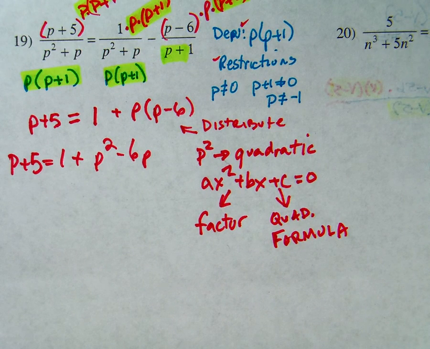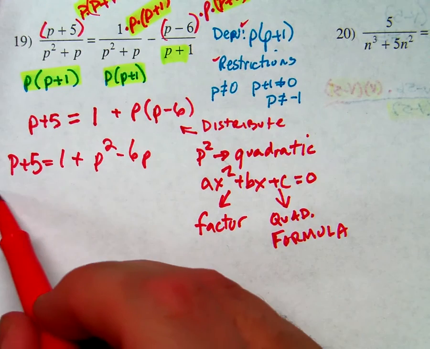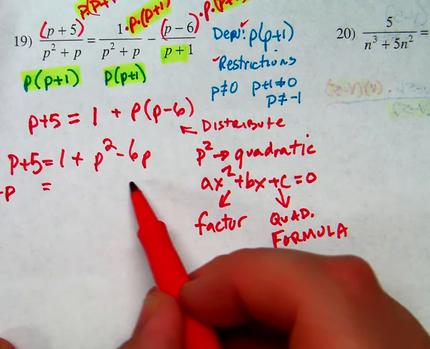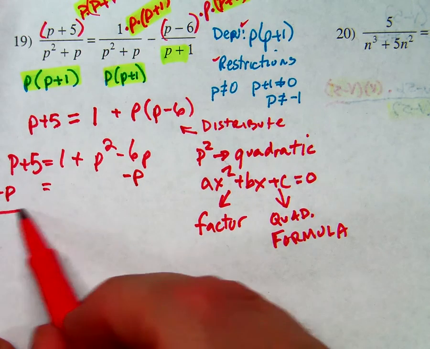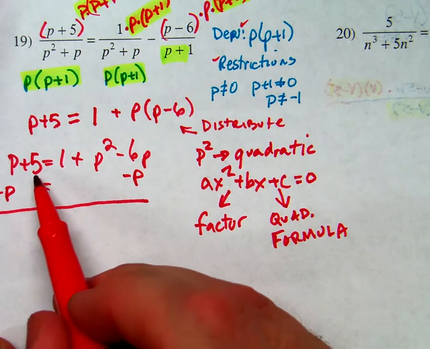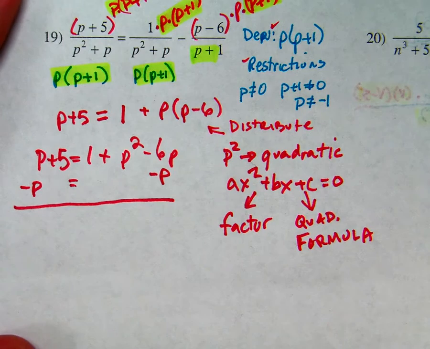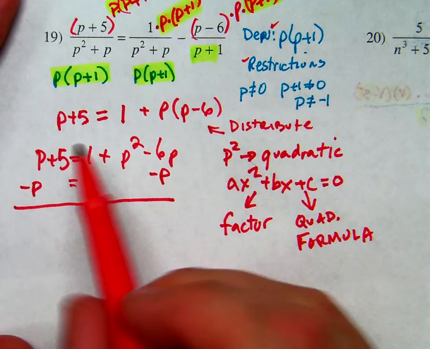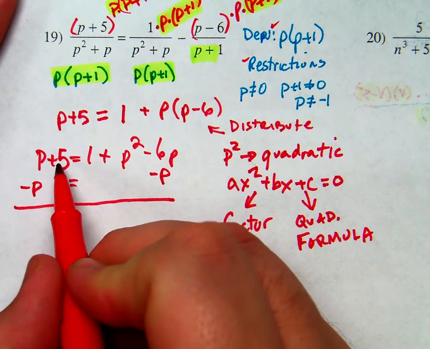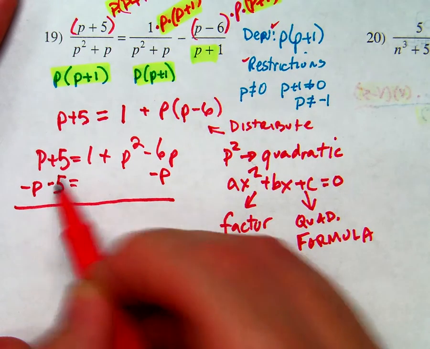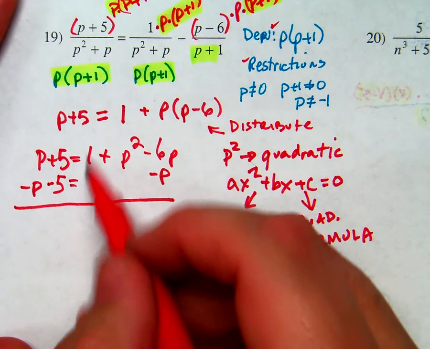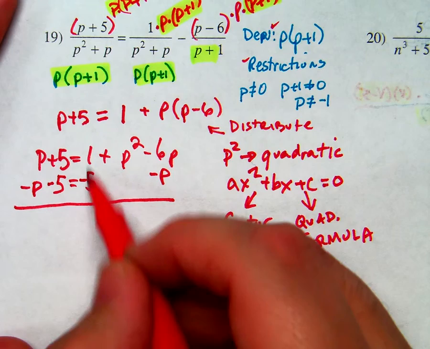I'm going to subtract a p from here and from here. Since it's quadratic, I want everything on one side and 0 on the other. So what am I going to do with that plus 5? Minus 5, and that goes with the 1 because it's just a number.